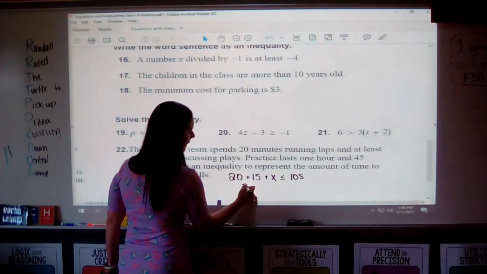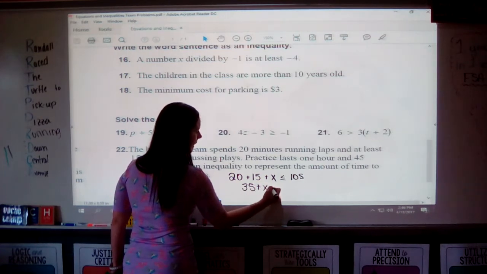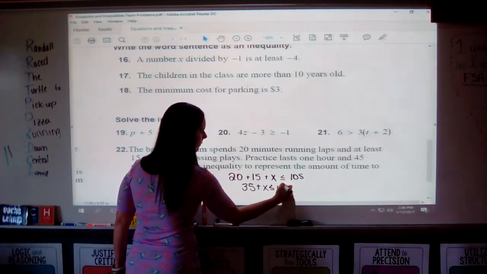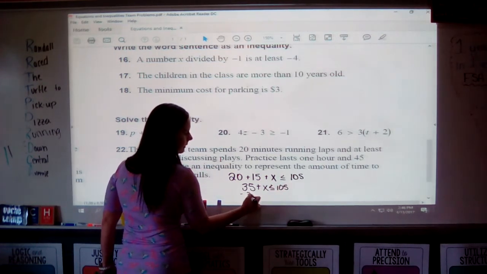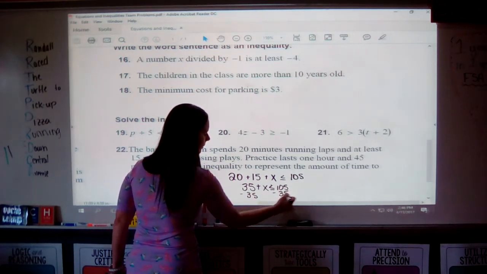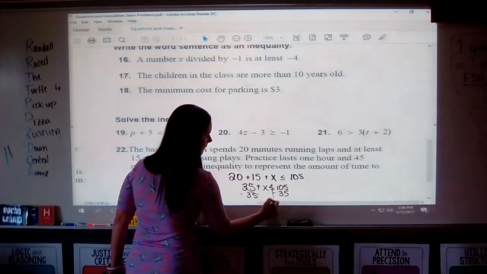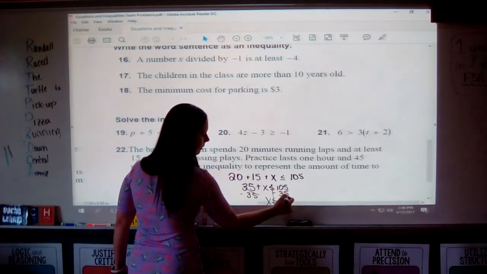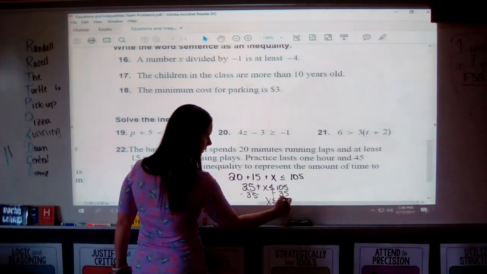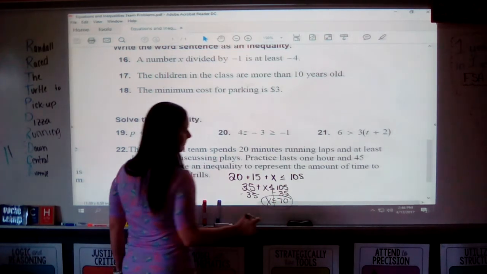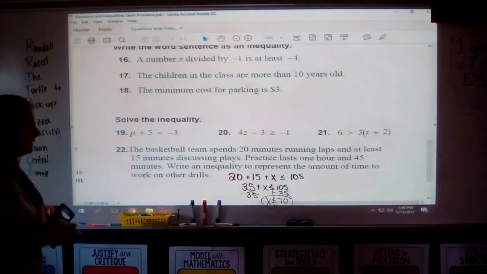I'm going to combine like terms to give me 35 plus x is less than or equal to 105. Then we subtract 35 from both sides to get x is less than or equal to 70. So you have about 70 minutes to work on those other drills.